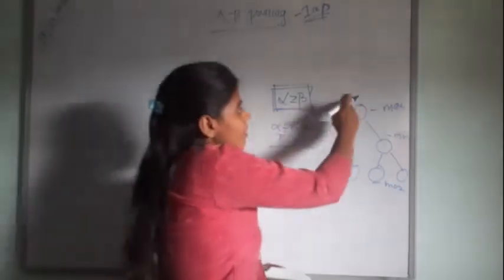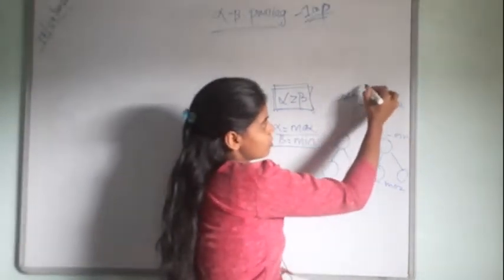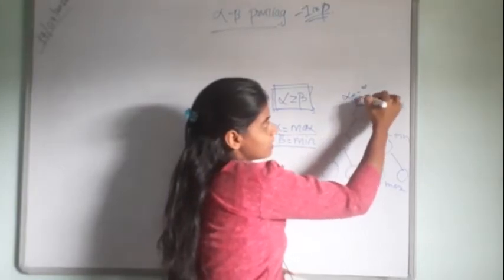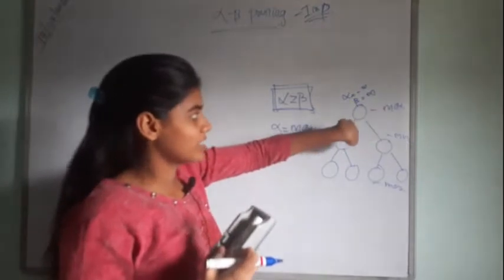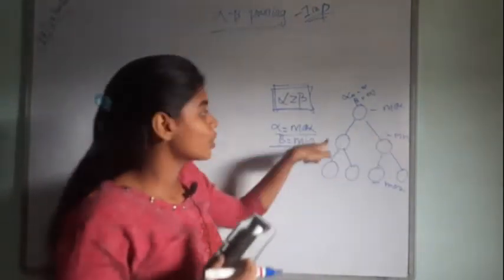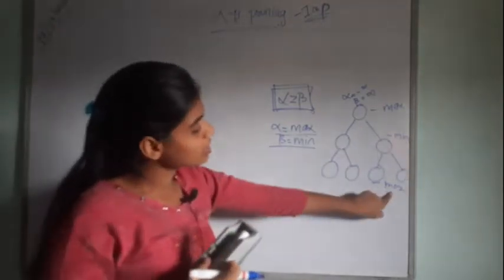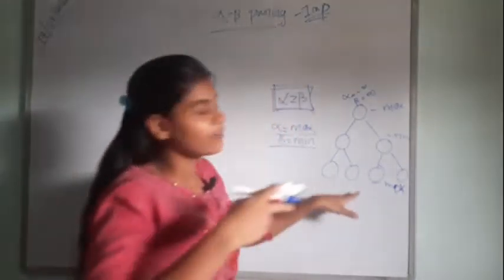Alpha is maximum, so you take the initial values as alpha is minus infinity and beta is infinity. In the maximum row only the alpha value changes. In the minimum row only the beta value will change. In the next maximum row only the alpha value will change.